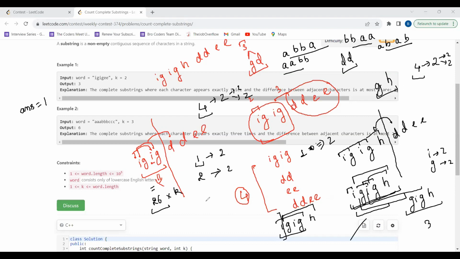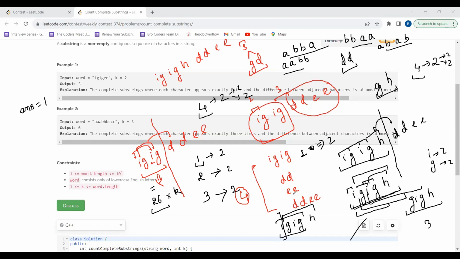Next I want three unique characters, and each of them should occur exactly two times in the substring. I am not concerned about the order in which they are occurring. There should not be more than three unique characters, and each of them should be occurring exactly k times. So the length of the substring should be 6, and the length of the substring is 5.